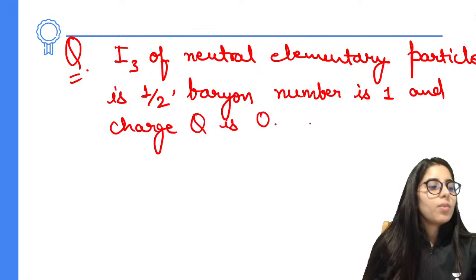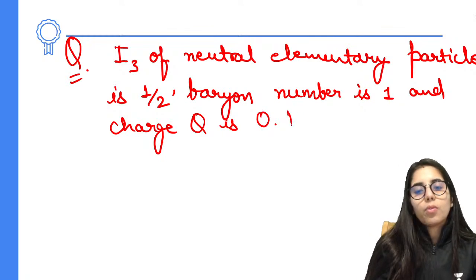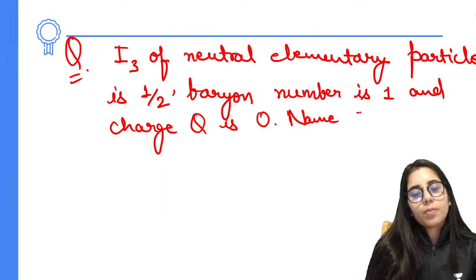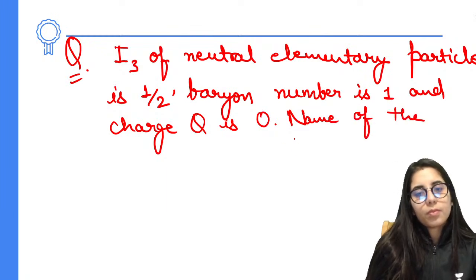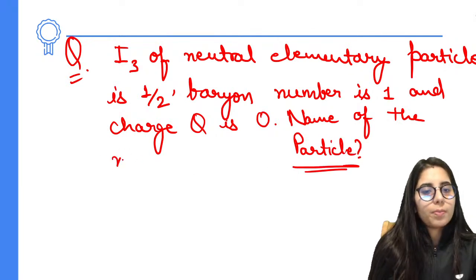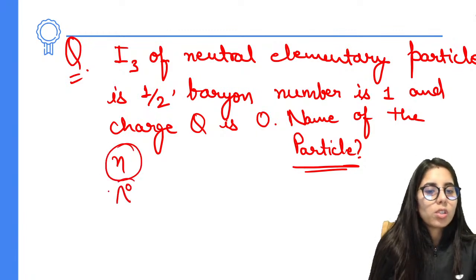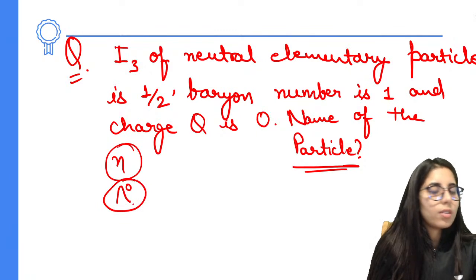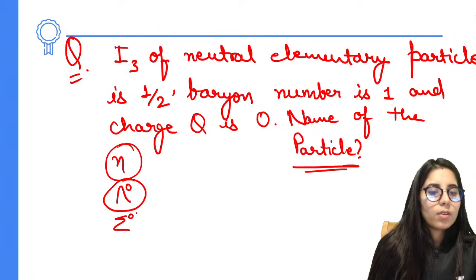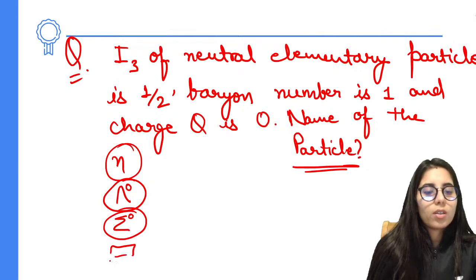What is the possible name of the particle? That's what you have to consider. The options are neutron, lambda naught, sigma naught, and cascade naught.